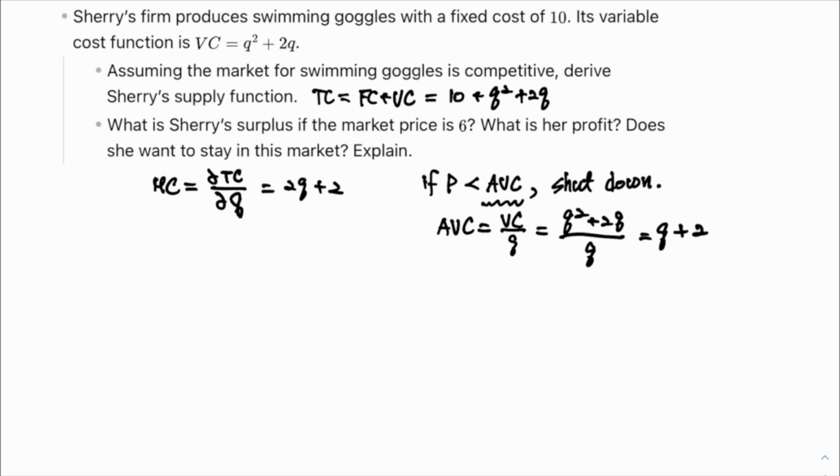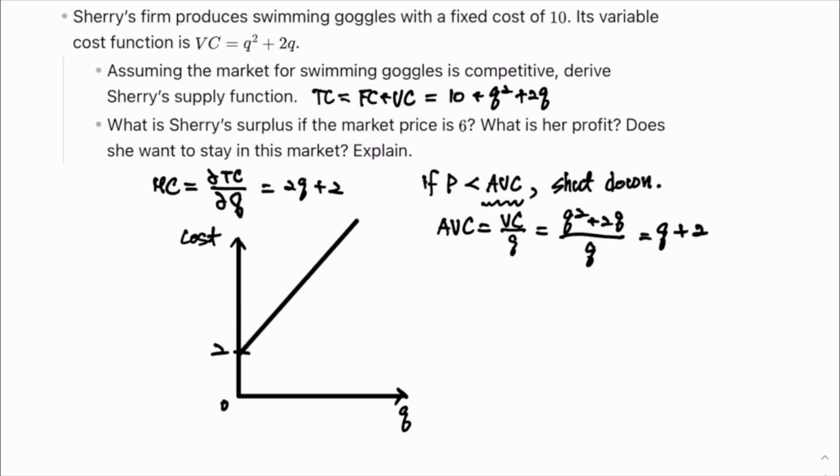When we draw this, it starts at 2 and the slope is 2. Let's say this is 2q plus 2, which is marginal cost, and AVC is right here, q plus 2. As you can see, at Q equal to 0, if the price is less than 2, she will not produce at all.